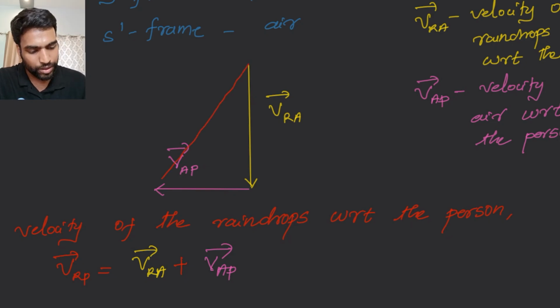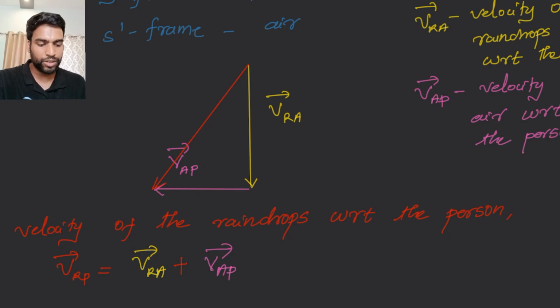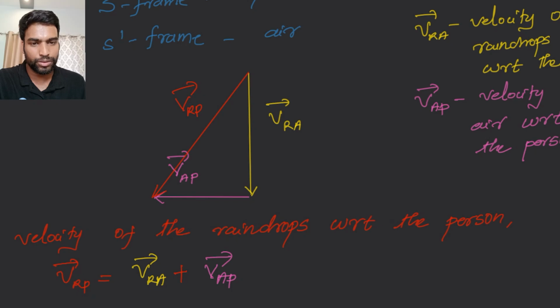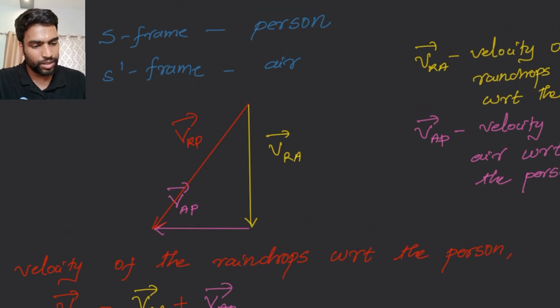Let me draw the vector for the velocity measured by the person. Good. So VRP here. Now what angle do we have to find? See, it is the tilting angle of the umbrella.